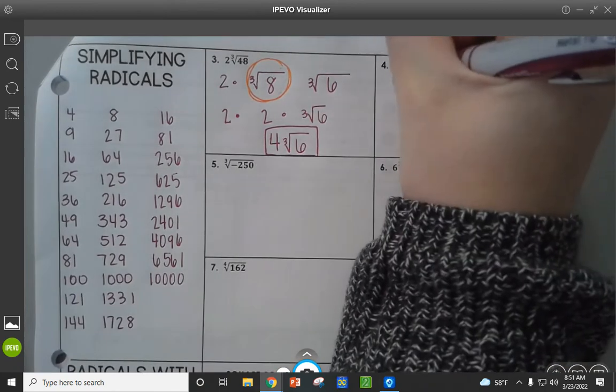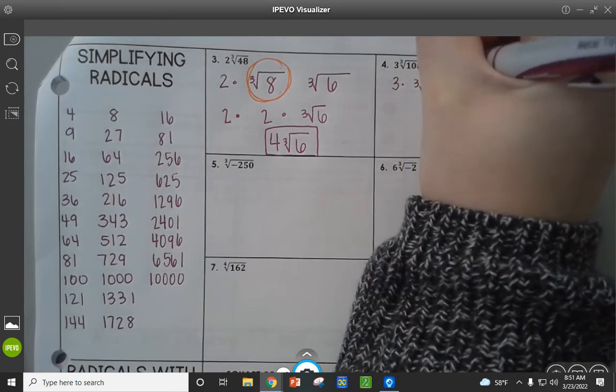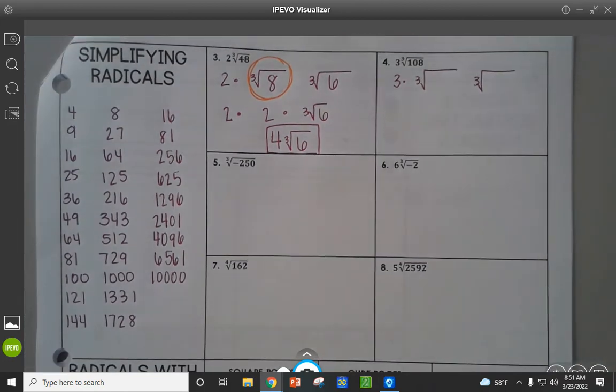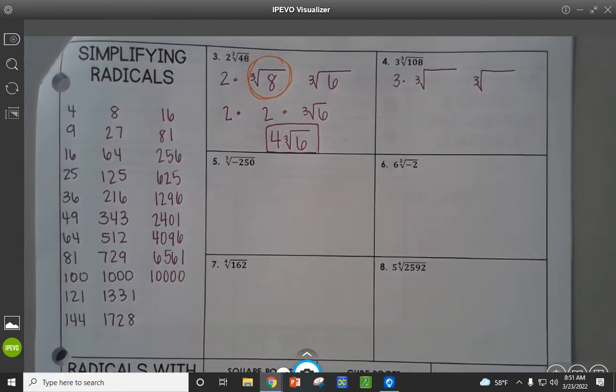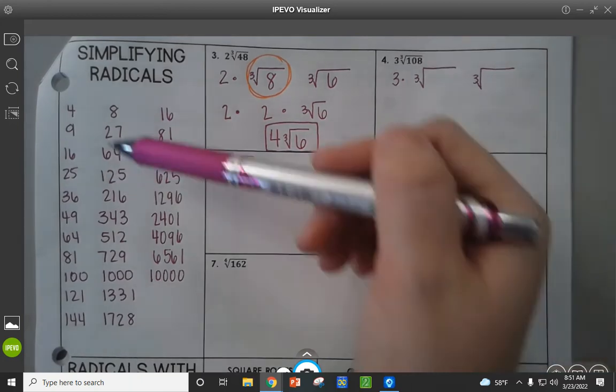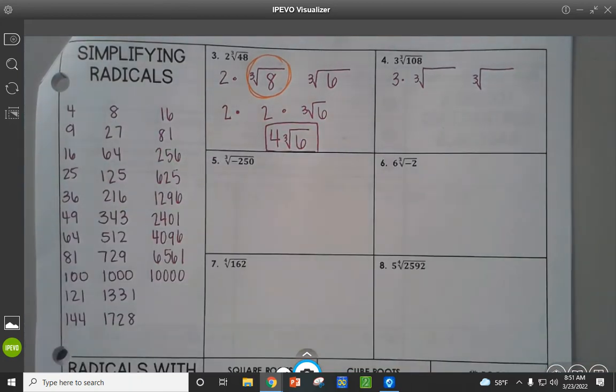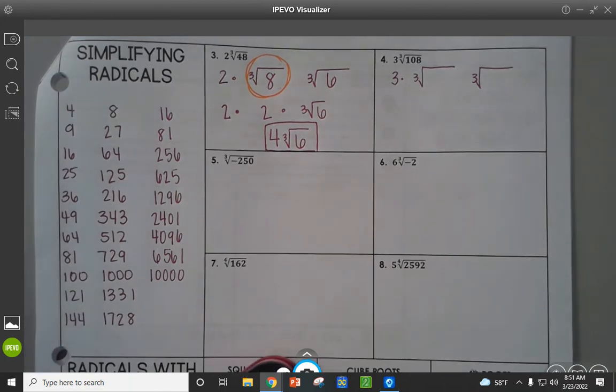Number 4, we have 3, and then I'm going to split up my 2 cube roots. And we're dividing by our perfect cube. So 108 divided by these numbers. And we'll stop with number 4 today.